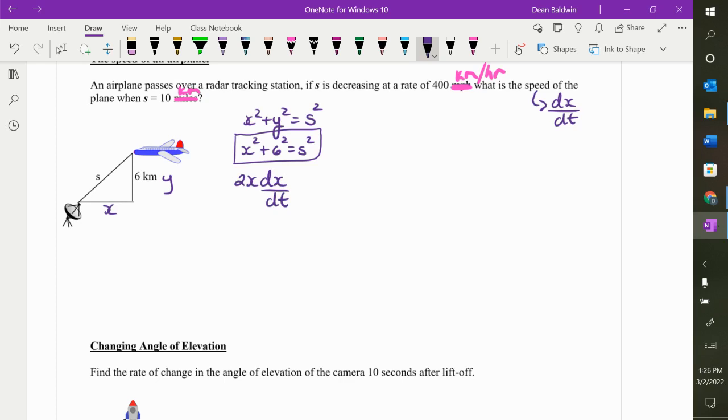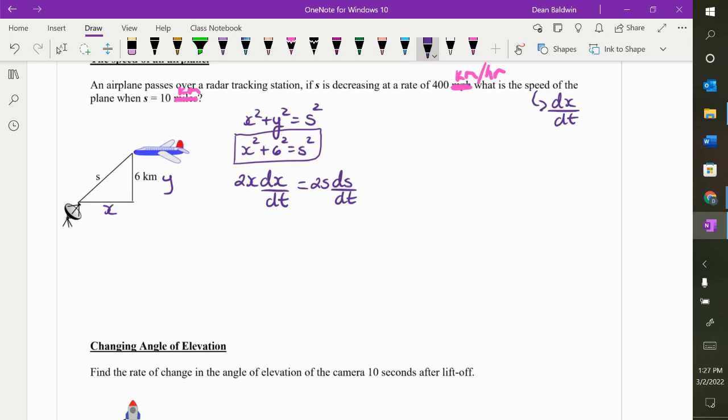The derivative of 6 squared is 0 because it's a constant. So that made our life easier. Equals the derivative of s squared: 2s times ds dt.